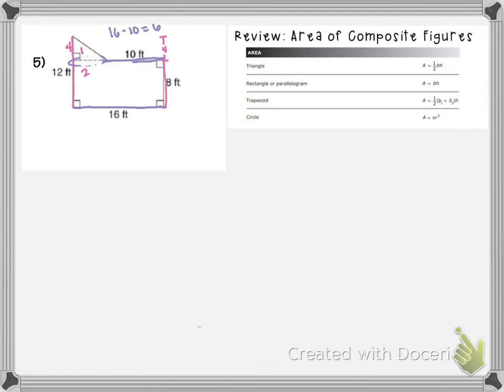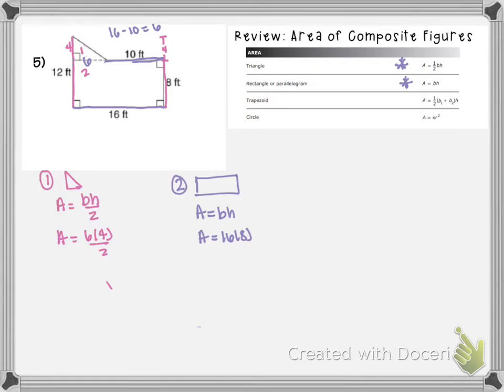So this part right here is 6. 6 plus 10 is 16, so those sides are even. So now you have the base and height of your triangle. You have your formula here for your triangle, and you have your formula for your rectangle here. So go ahead and set up, and then press pause. Play when you have finished.